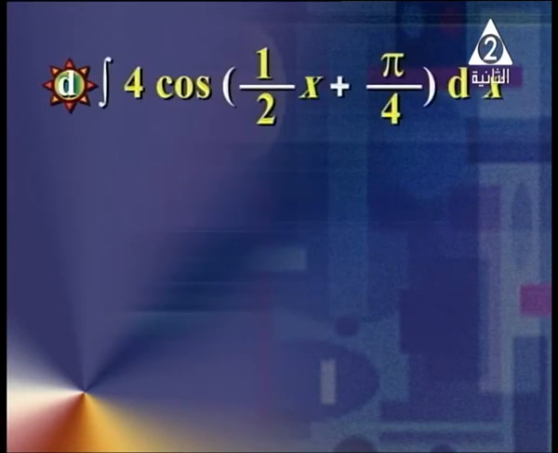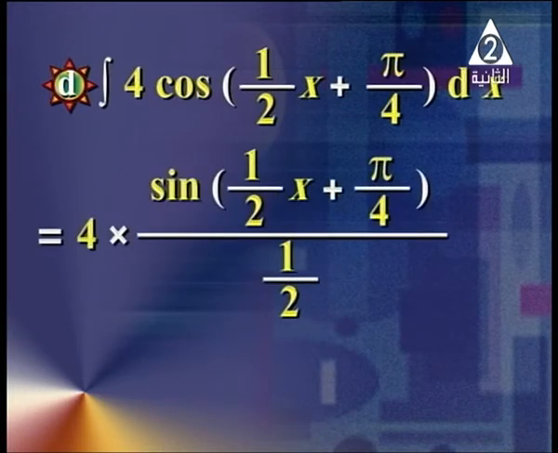Number D, what is the integration of 4 cosine of the bracket half x plus pi over 4, dx? Remember, pi equals 180 degrees, so pi over 4 is 45. What is the integration? Look, 4 is a constant. What is the integration of cosine? Sine.